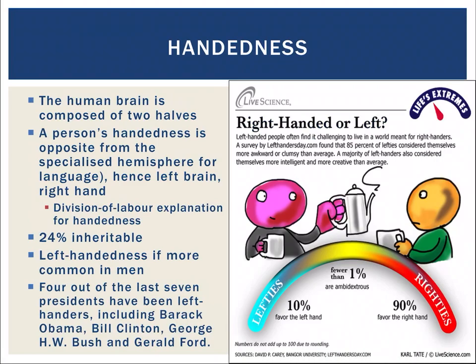Handedness is about 24% inheritable. Left-handedness is more common in men, and we can talk about why that is later, but there are some interesting explanations, but I might keep that for the Q&A. And just for your information, 4 of the last 7 presidents have been left-handers.